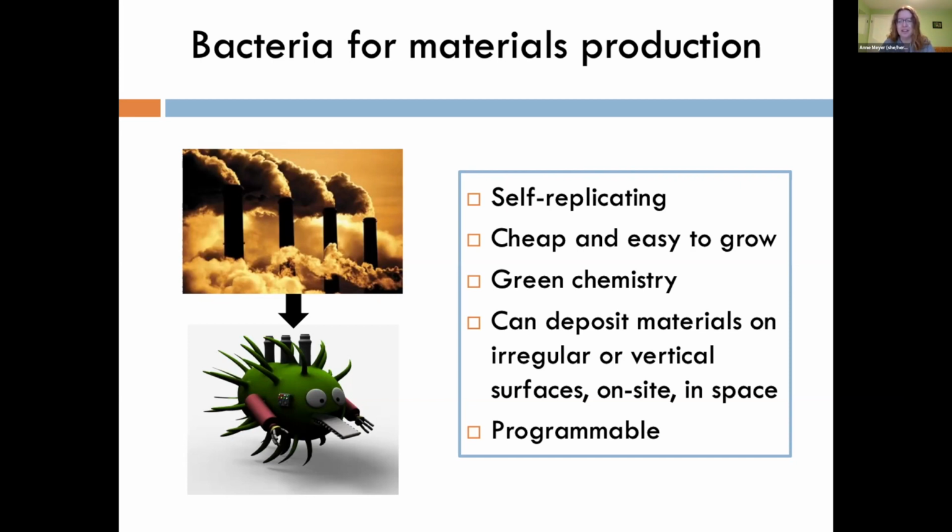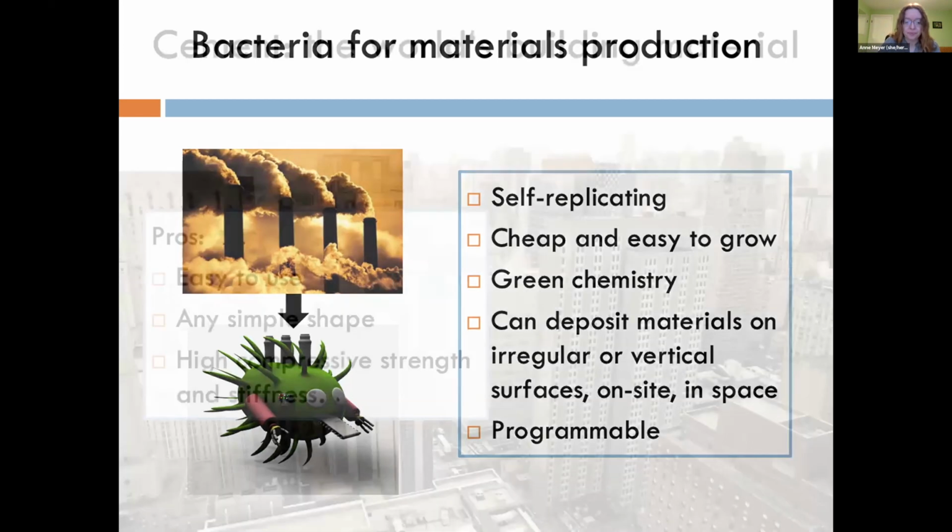Unlike, for example, pouring cement, bacteria can deposit their materials on bumpy or cracked surfaces, vertical surfaces, in outer space, in microgravity. And these factories are easy to transport from place to place to make the materials on site. And thanks to developments by people in this room today, they are increasingly programmable, giving the potential to make even more sophisticated tunable materials in the future.